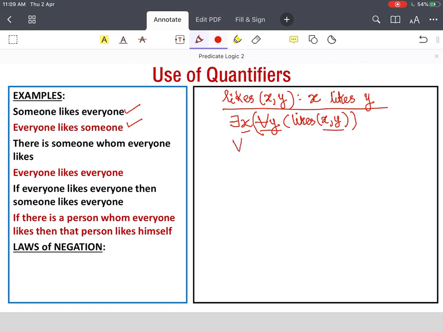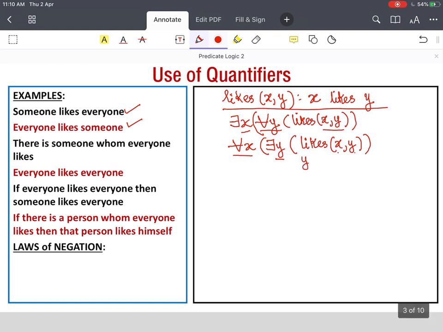Everyone likes someone. So what we write is, for all x, there exists y such that likes(x, y). What does this mean? This means that for every x, there is some y such that x likes y.